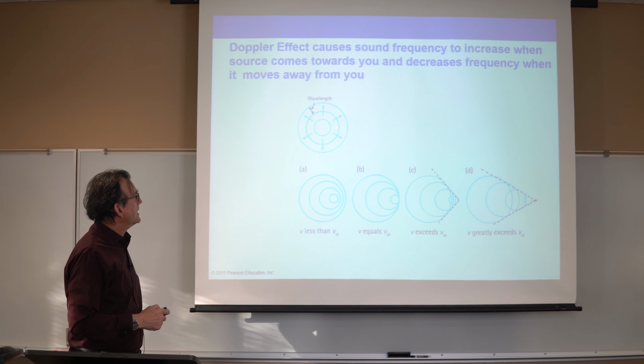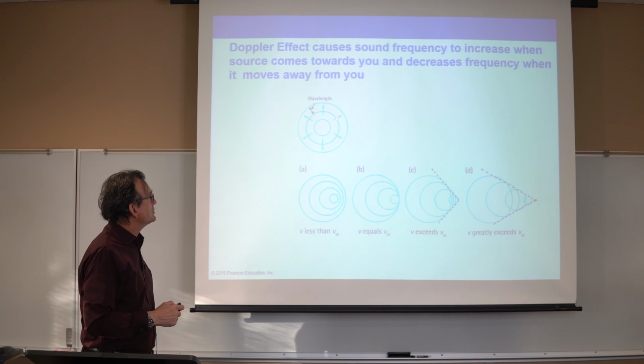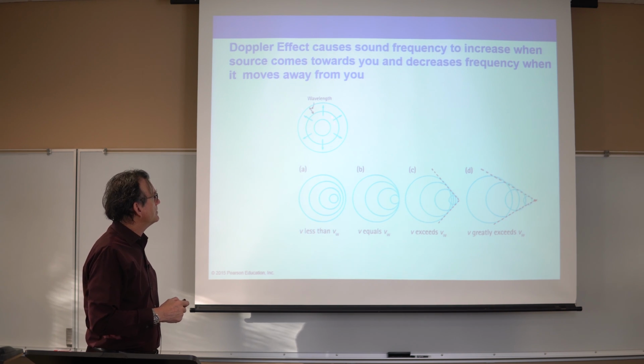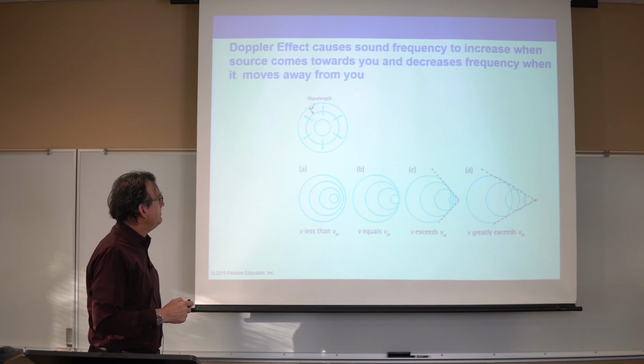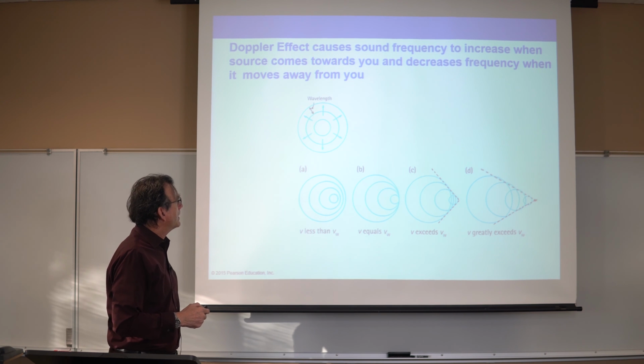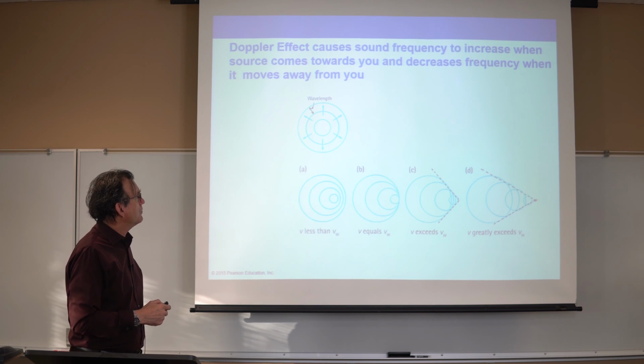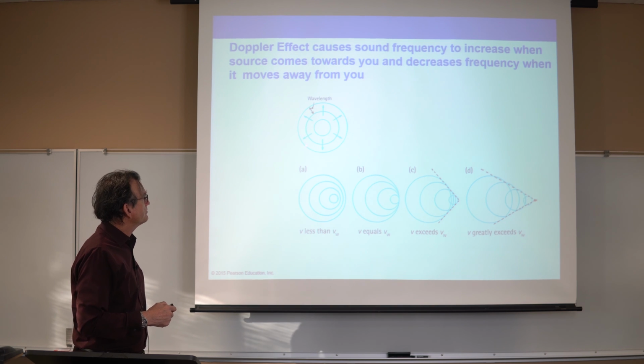The arrows indicate that the compressions of the wave, which are indicated by the blue circles, are expanding away from the source, and they will of course travel at the speed of sound, which we will come to very shortly here.